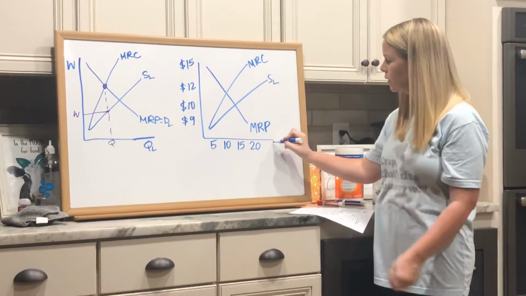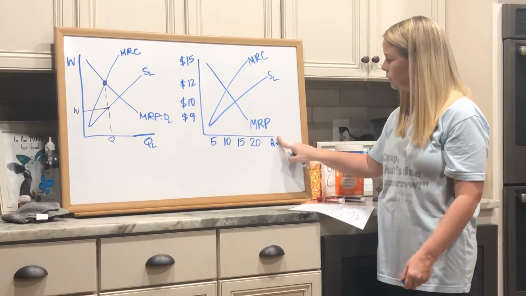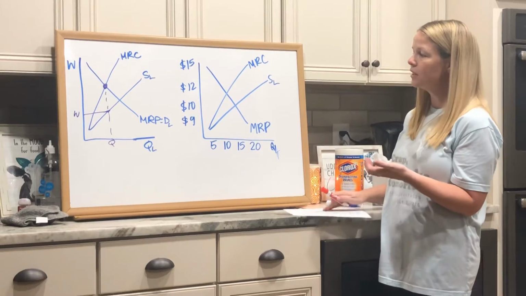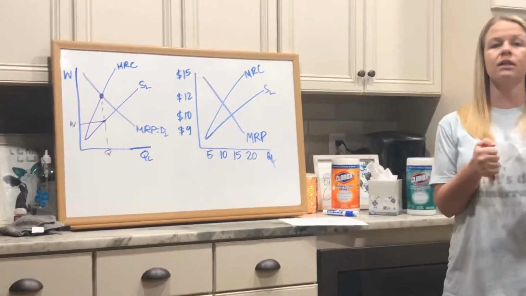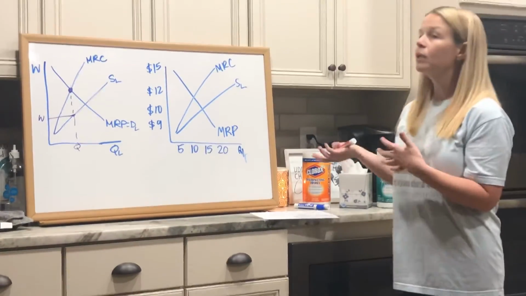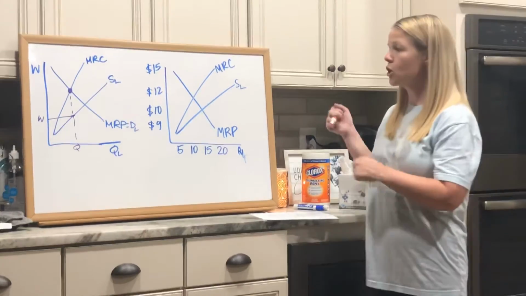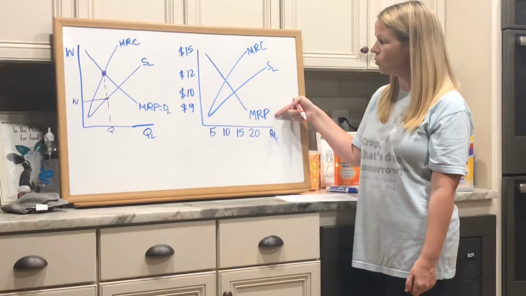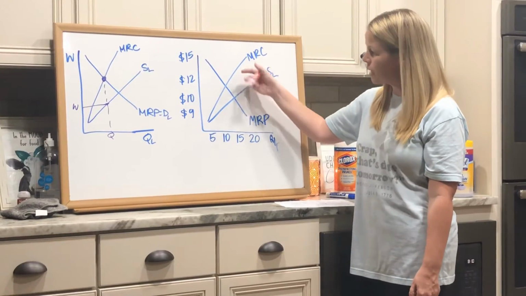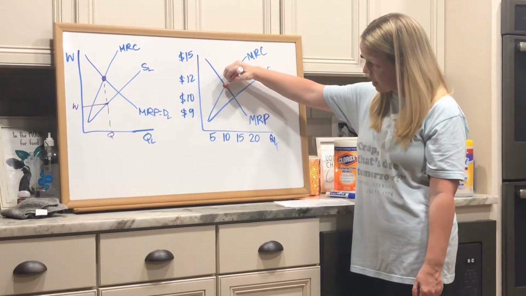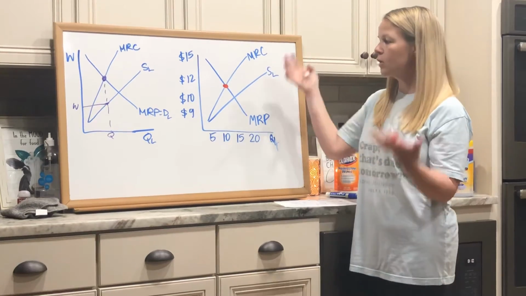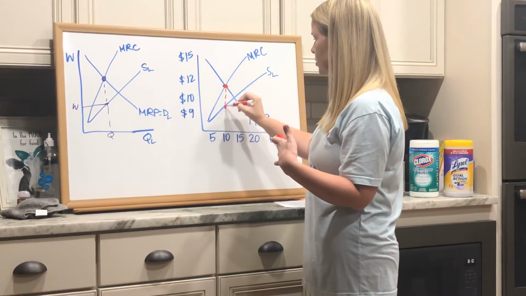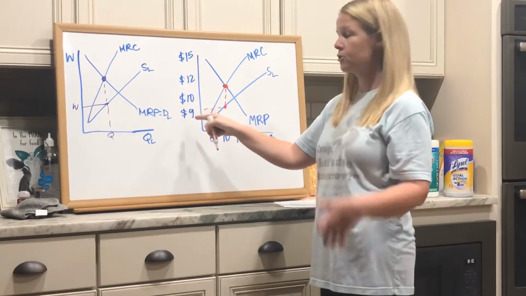I guess I should put quantity of labor down here. So in this instance, all I'm asking you to do is find where they're going to set the wage and how many workers they're going to hire. So what we just did a minute ago, MRC equals MRP, that's our golden rule, remember? We're going to find where they cross, which is right here. And so now we're going to go down to the supply of labor, which is here, and y'all know I can't draw anything straight, but we're going to say that's $9.